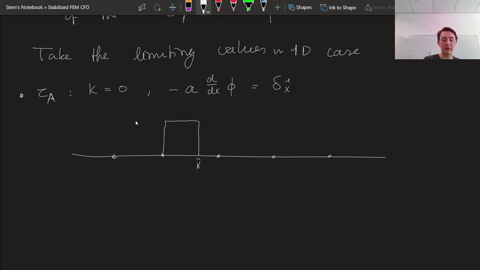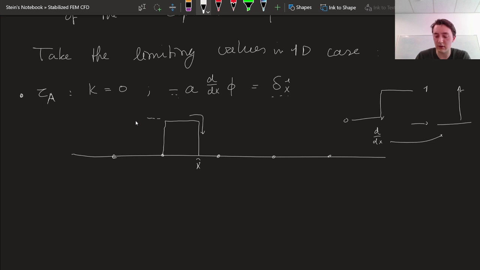So how high is that step function? What is the y value of this? Well, let's take a look at our definition here. We have that minus A times d dx of phi is equal to delta. We know that the derivative of a step function is indeed this delta. Now I have a step function that goes down, but I have a minus here, so that's fine. The derivative of a unit step function is equal to the Dirac delta distribution. So if we take 0, 1, and take the derivative, we obtain the Dirac delta at this location.